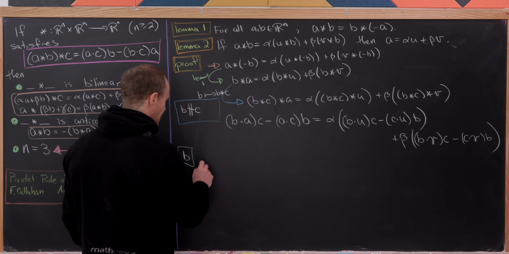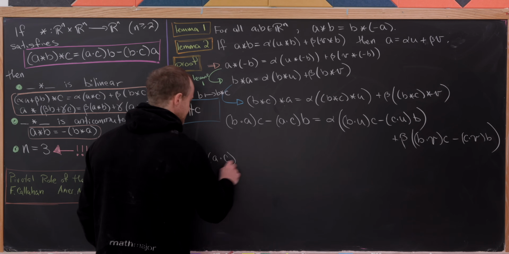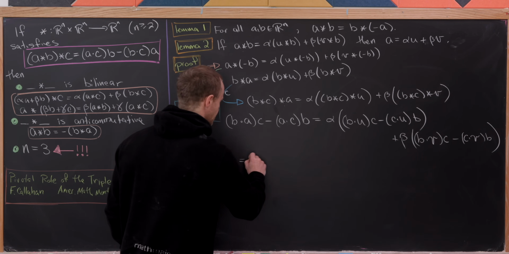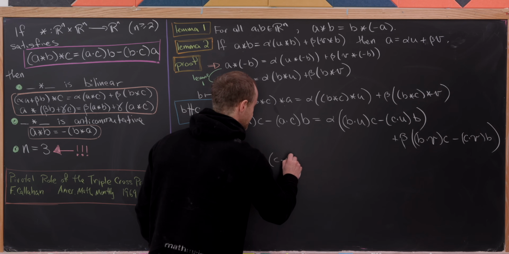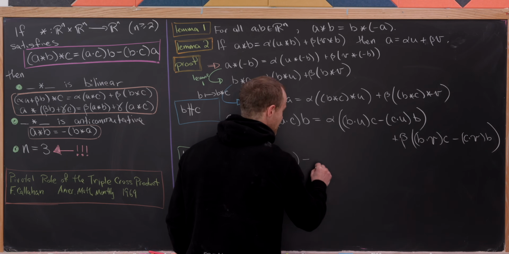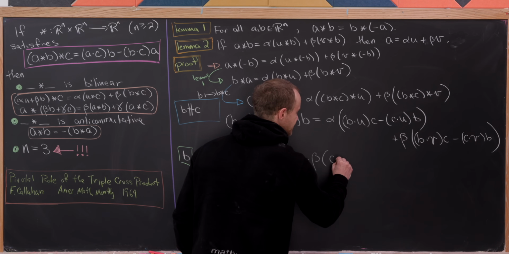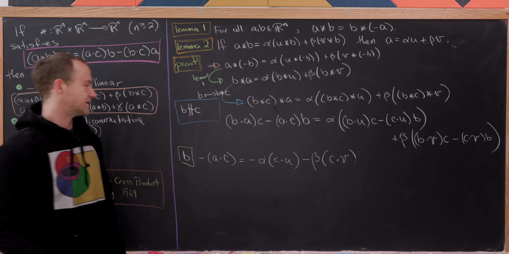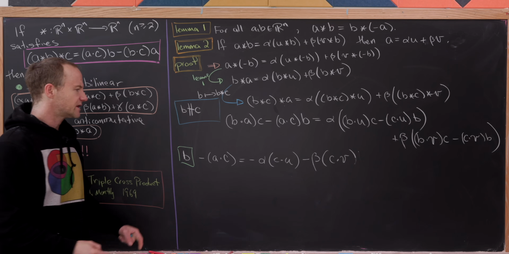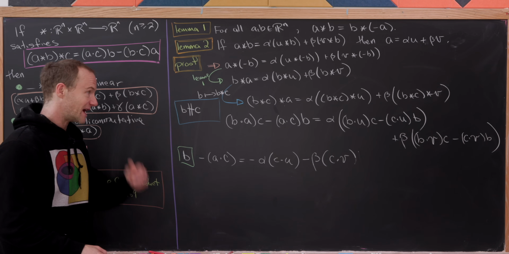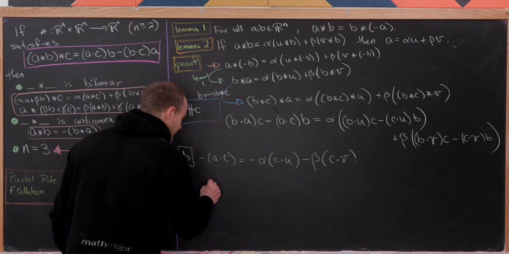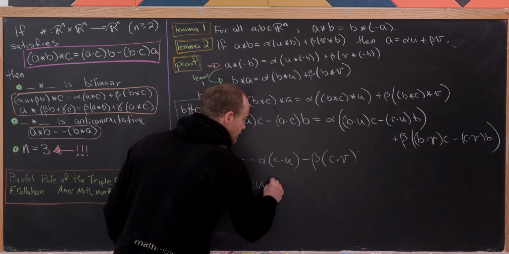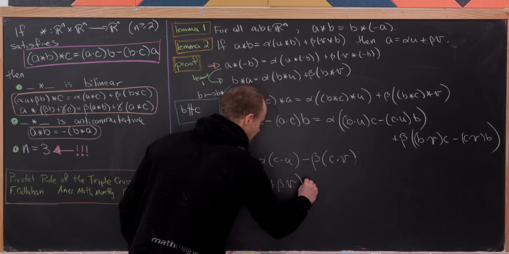Over here, we're going to have minus A dot C, and over here we'll have minus alpha C dot U, and then minus beta C dot V, in the b direction. We're just extracting the b direction here. Now let's rewrite this a little bit. We can cancel all the minus signs, and we'll be left with A dotted with C is equal to alpha U plus beta V dotted with C.